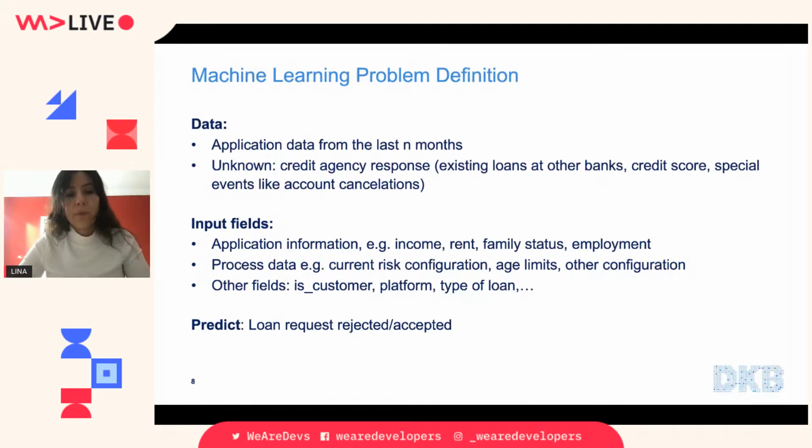Here you have input fields, for example, rent, family status, employment status, but you also have the configuration data from the bank, like the current risk configuration, some limits, for example, on age, and some other fields, for example, the type of loan and the platform. And what you want to predict is whether a loan was requested, rejected, or accepted.